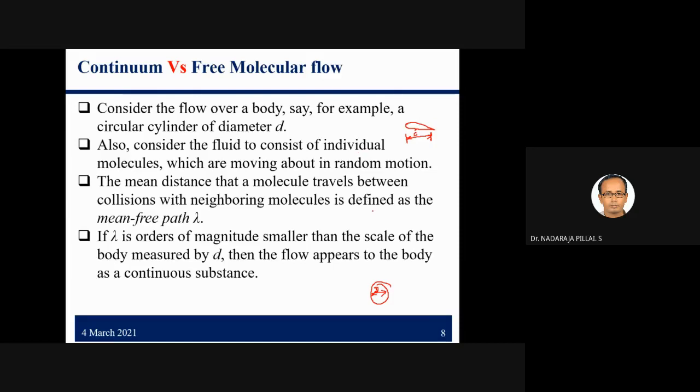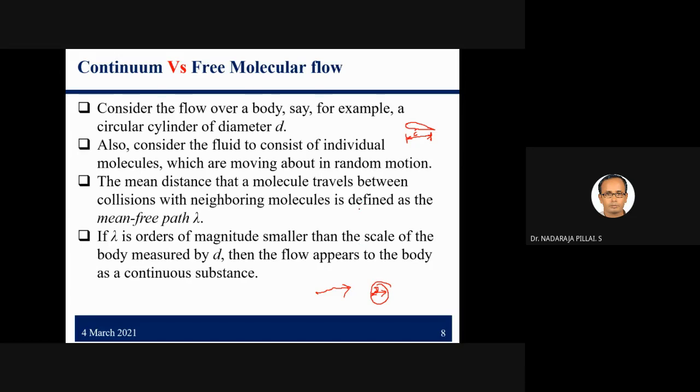So, if you consider a cylinder of diameter D, then consider a fluid flow. You have a fluid flow, and we know that the fluid flow consists of individual molecules, right? The fluid flow consists of individual molecules that are moving in a random motion.